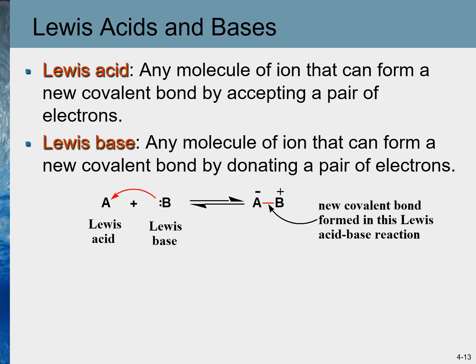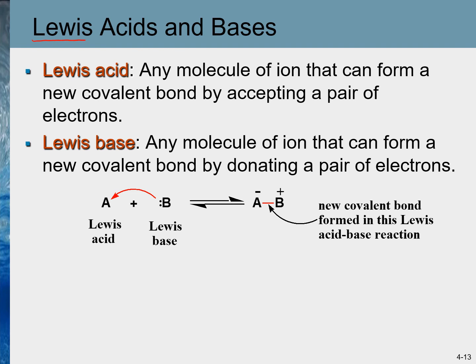The third definition of acids and bases was given by Gilbert Lewis, the same scientist who proposed the Lewis dot structures. This is the same guy. The Lewis definition of acids and bases is broader than the Bronsted and Lowry definition.